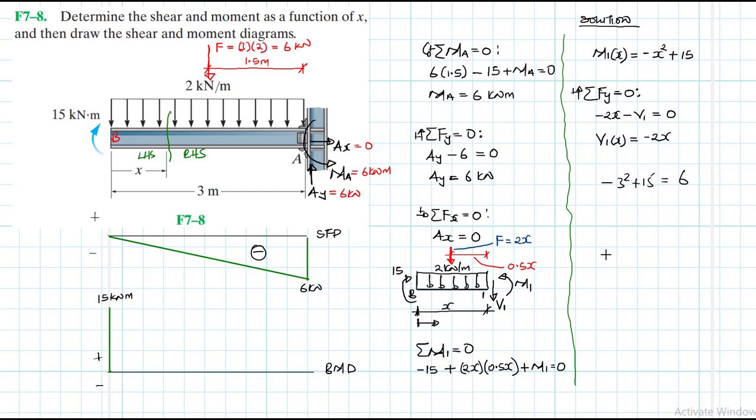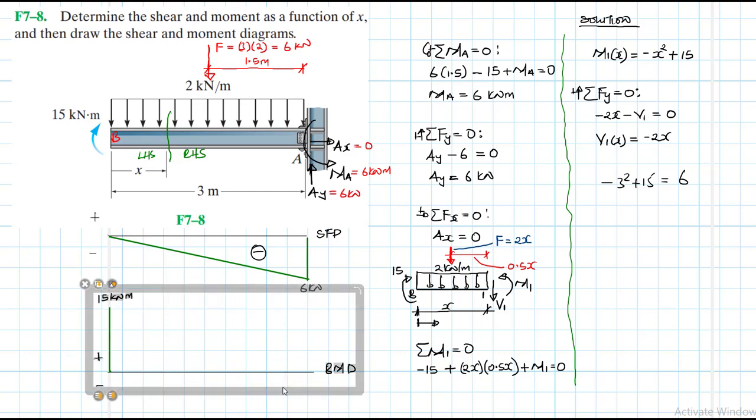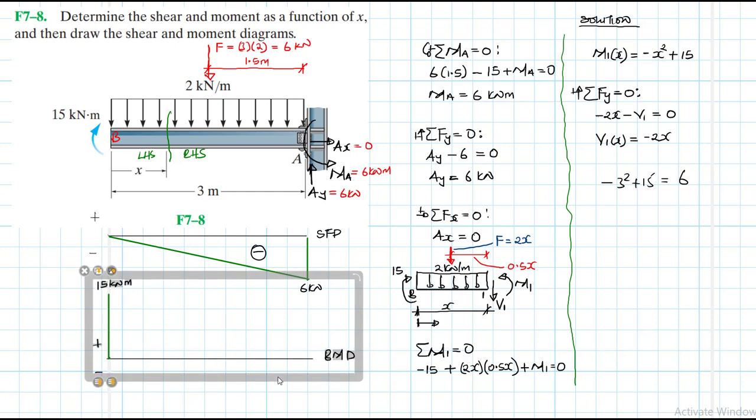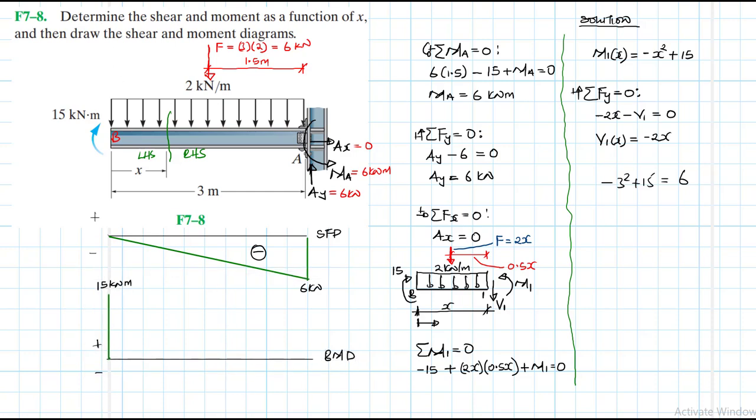Alright, so from 15, then we have this quadratic. Okay, so we expect this function to open like this. Well, I have some space here. This looks alright, maybe somewhere there like this. Okay, alright, so it's quadratic, negative.